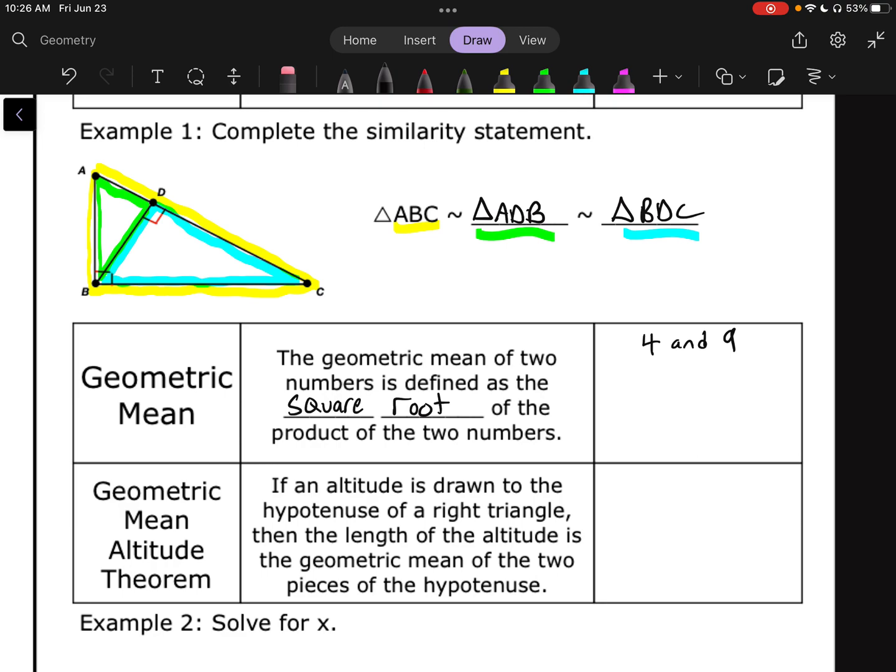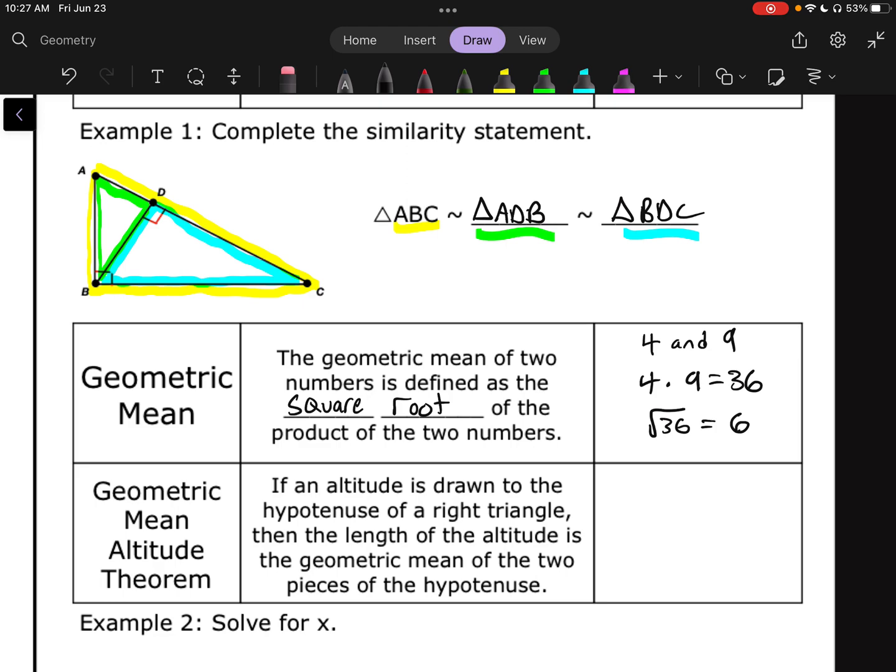If we want to find the geometric mean of 4 and 9, first, we multiply them together to find the product. And then we take the square root of that. So the geometric mean of 4 and 9 would be 6. The normal mean, the algebraic mean, you add them and then divide by 2. The geometric mean, you multiply and then square root.